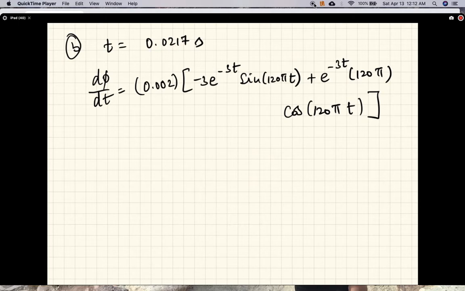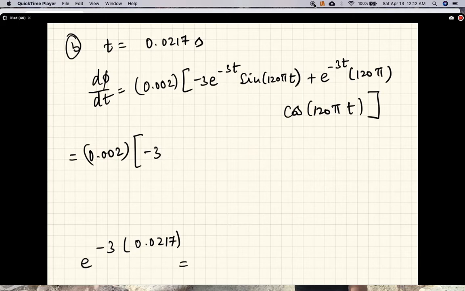That's 0.002 times minus 3 e to the power of minus 3 times 0.0217.